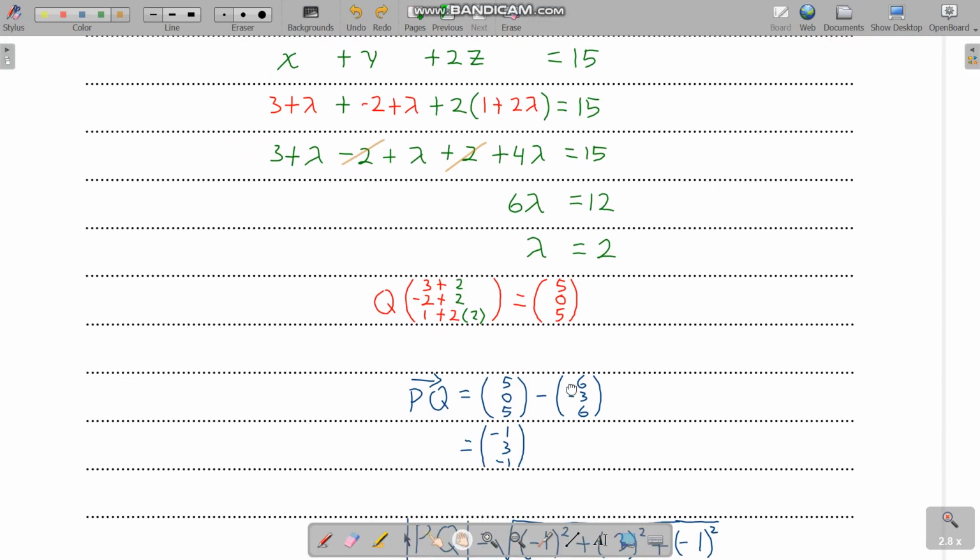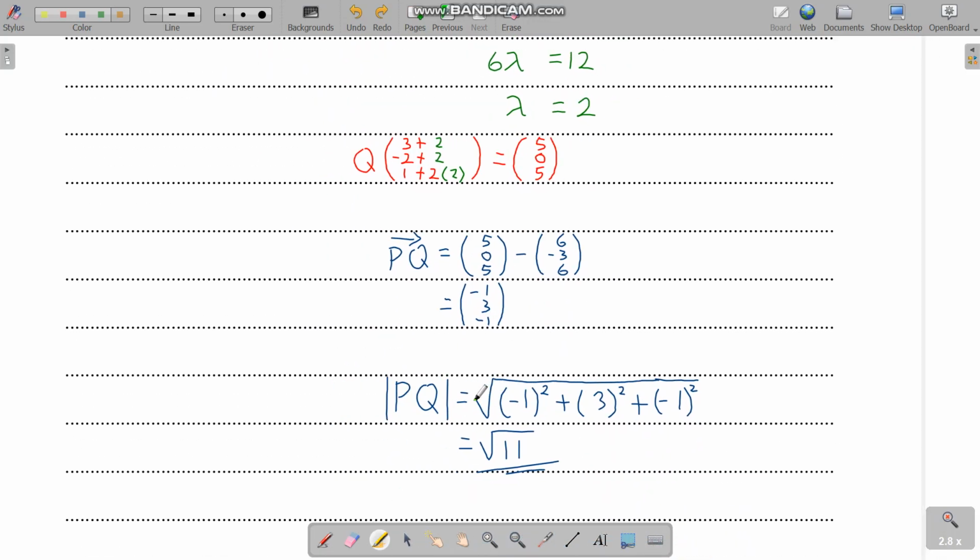And to find the length or the magnitude, we use the square root of each component squared, sum, square root of.